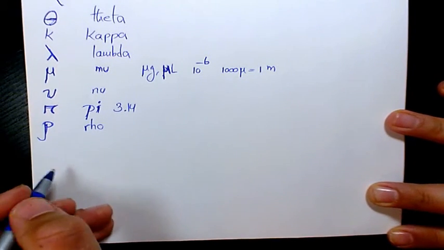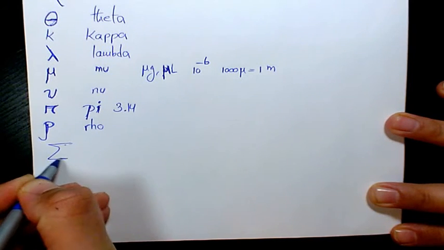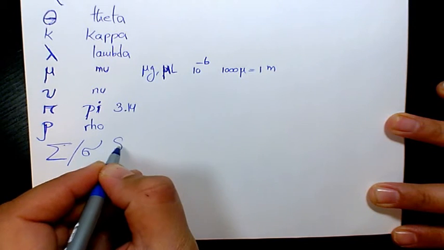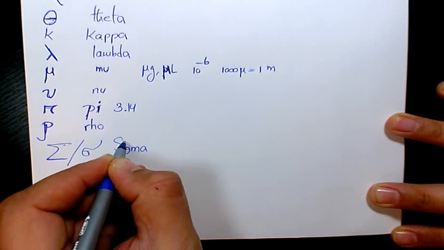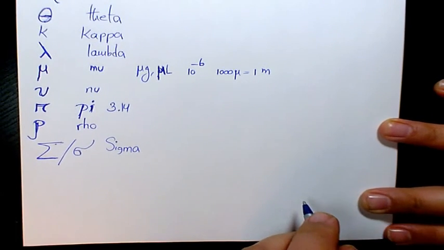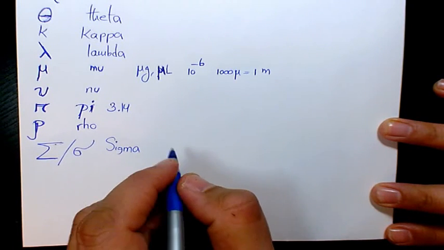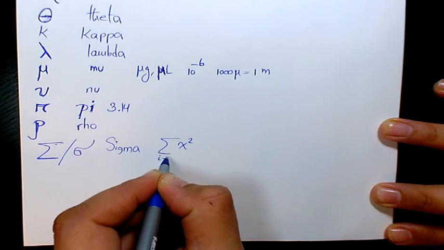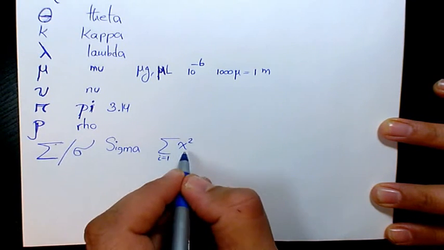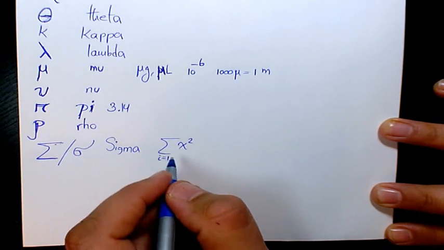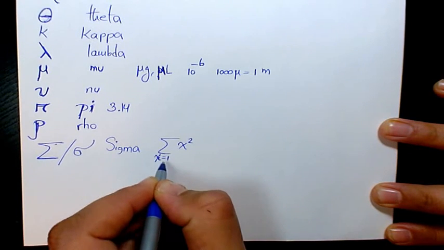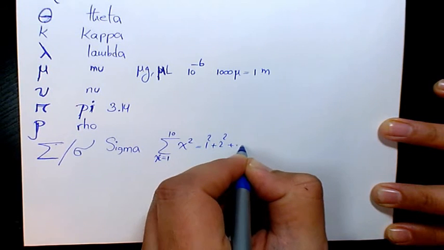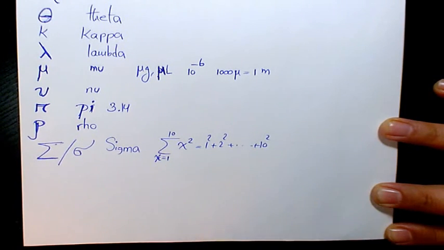Next one will be sigma, uppercase and lowercase. Sigma, when you're adding different numbers, you're dealing with sigma. For example, sigma x squared, when x is starting from 1 to 10, so it's going to be 1 squared plus 2 squared all the way to 10 squared.